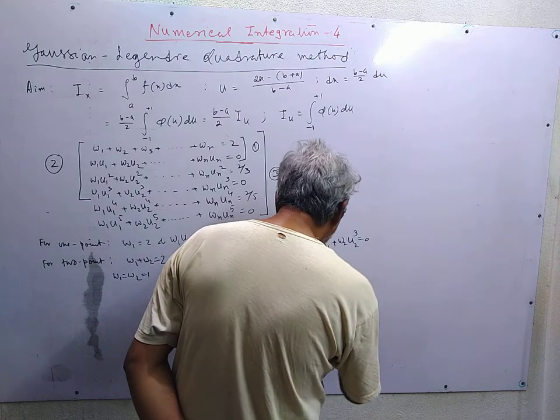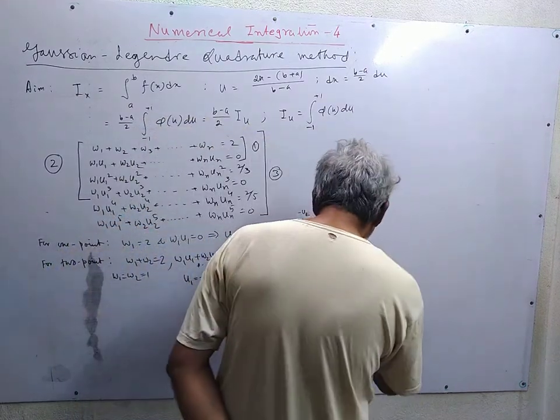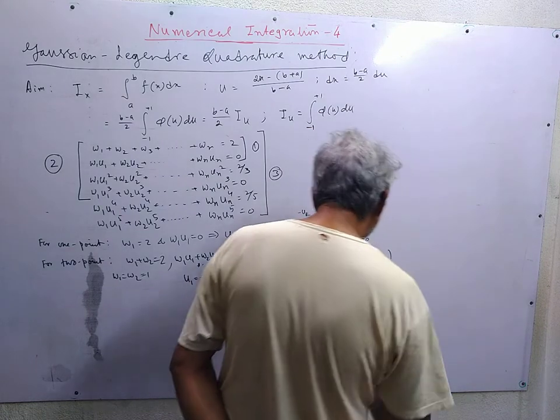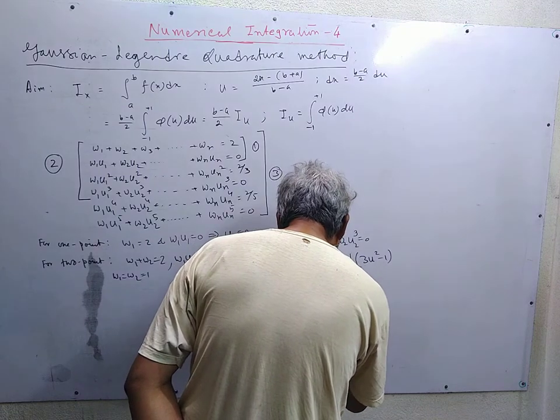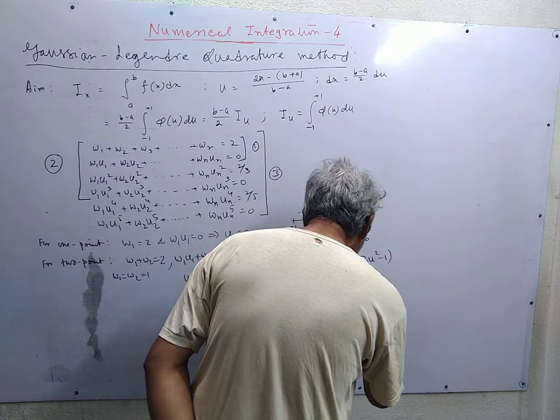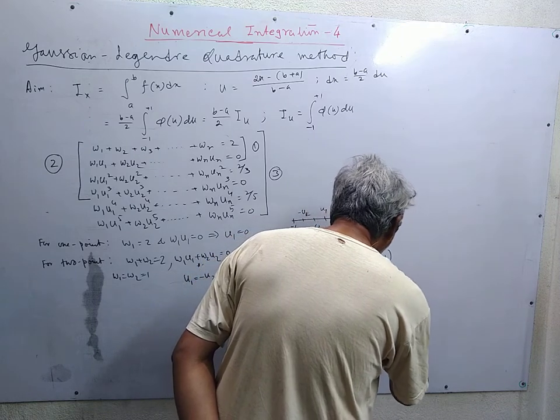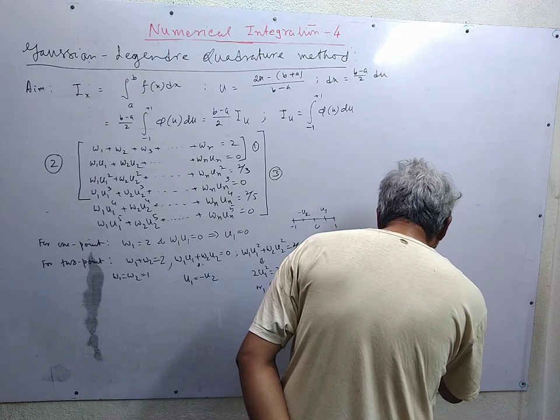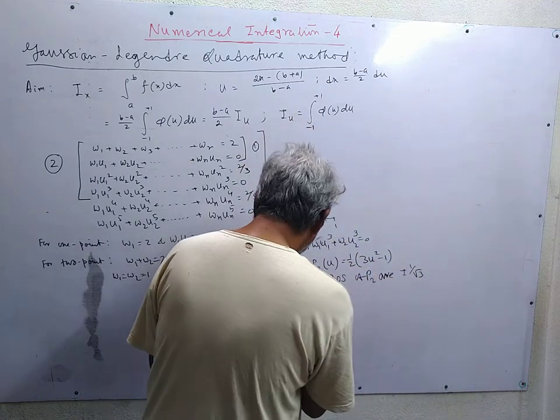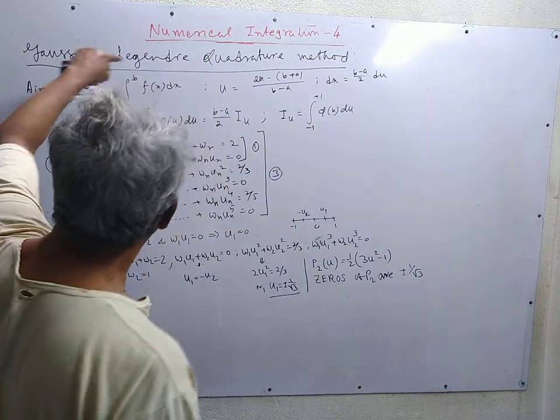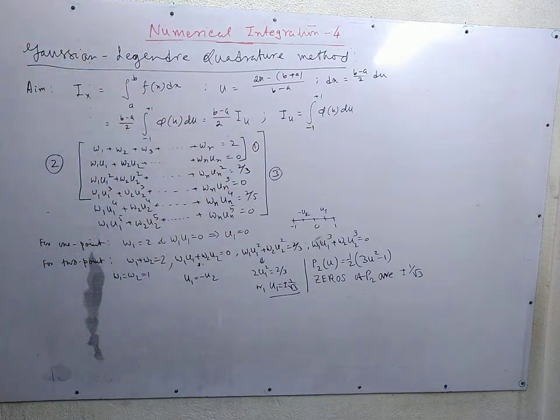So the Legendre polynomial of order 2 is given by half 3u square minus 1, and the zeros of P2 are plus minus 1 upon root 3. Accidentally, these are the symmetric points. Not accidentally, as I have told, it is basically Gauss-Legendre quadrature.